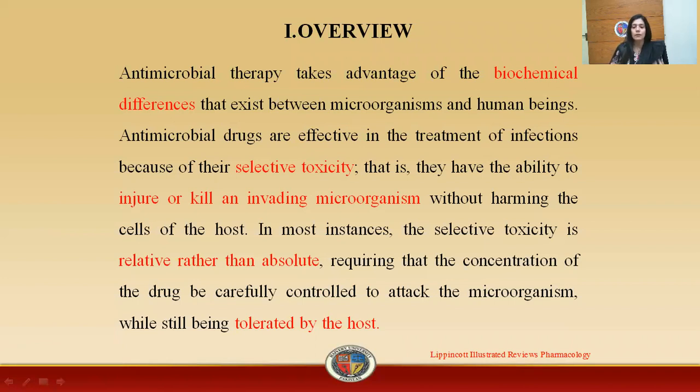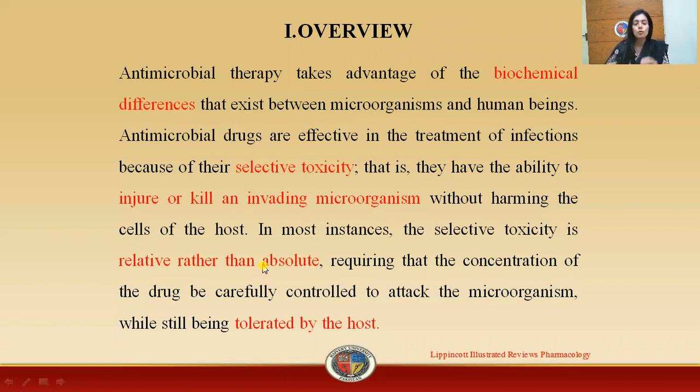But even then, we will say that these antimicrobial agents are not absolutely selective towards the bacteria. They may show some toxicity in human beings or human cells as well. So we say that these agents have toxicity that is relative rather than absolute.